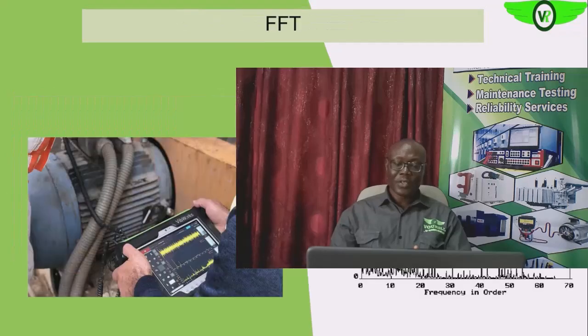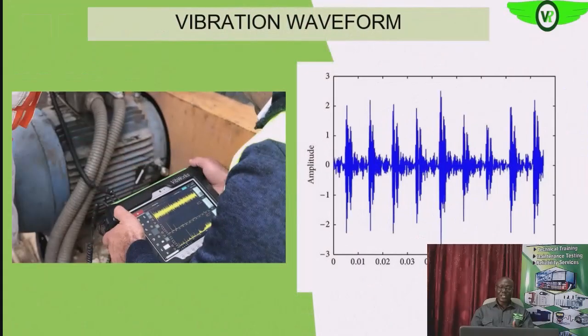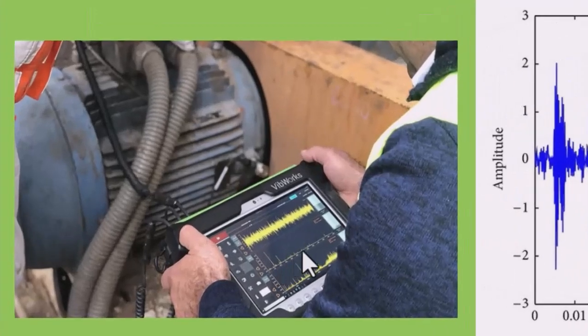So when you carry out fast Fourier transformation on this, it will be able to separate the forcing functions that are superimposed into this kind of waveform that we are seeing into their respective frequencies. That is what you are seeing on this frequency spectrum. So you are seeing frequencies at different levels.